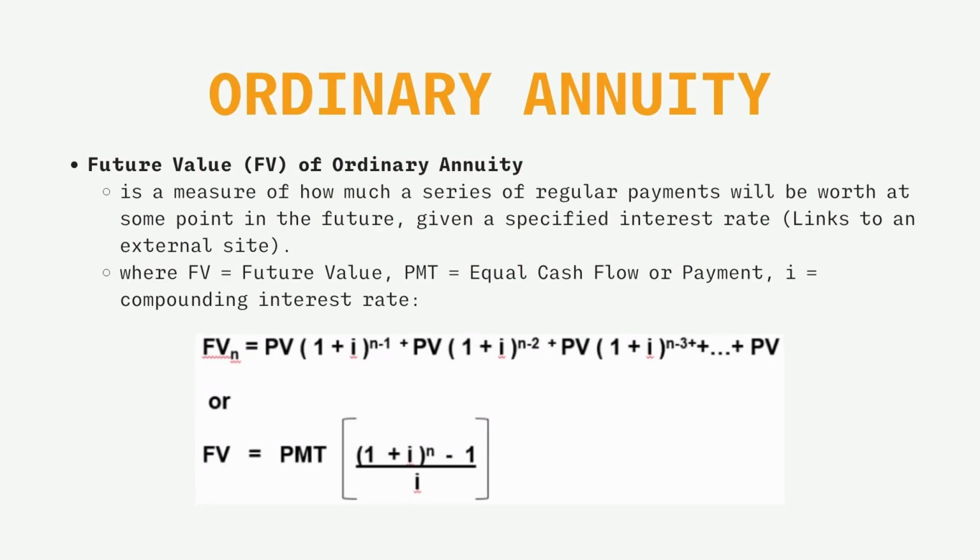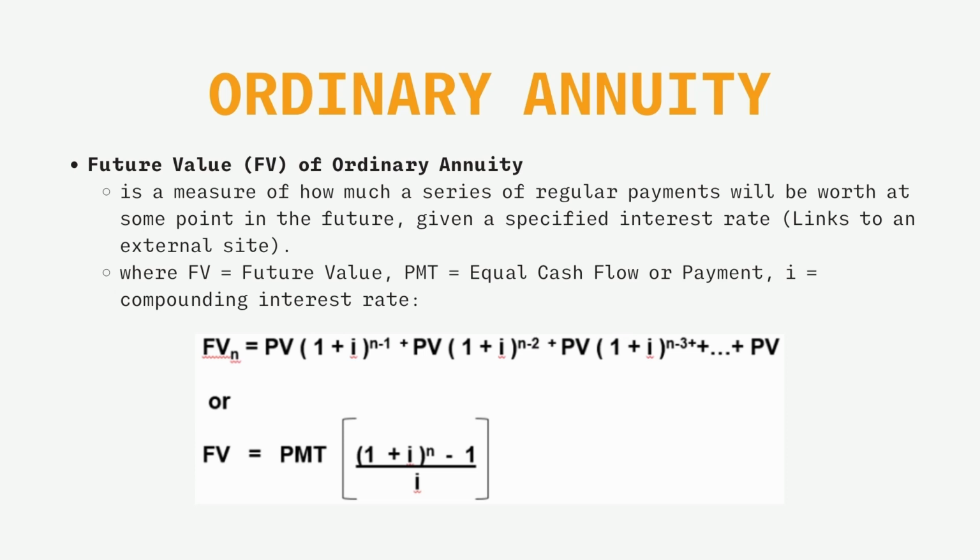Future value of ordinary annuity. It is a measure of how much a series of regular payments will be worth at some point in the future, given a specified interest rate. For example, if you plan to invest a certain amount each year or month, it will tell you how much you will have accumulated as of a future date.